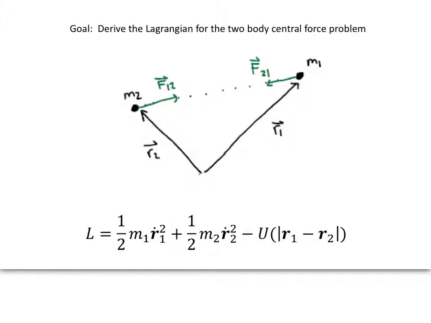However, if we choose a different set of coordinates, then we will end up with a Lagrangian that is a function of only 1 coordinate. And this Lagrangian will give us a much better physical intuition about the problem. So let's try to find this Lagrangian that's only one-dimensional.